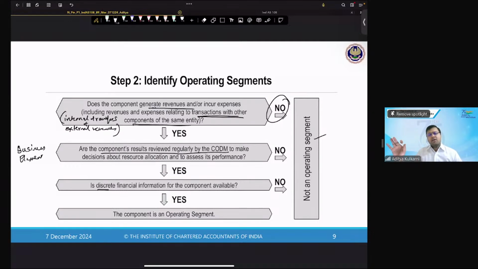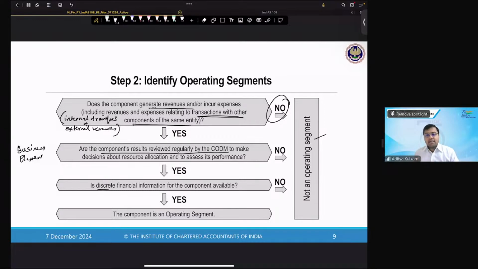Okay. If I talk about Hyundai again, I'm going back because I have built a connectedness to that. Hyundai has identified assembly lines for sedans, for SUVs, for hatchbacks. Now, additionally, Hyundai has a corporate office. That corporate office is an asset for everyone, yes, because the corporate office is the head of the entire organization.